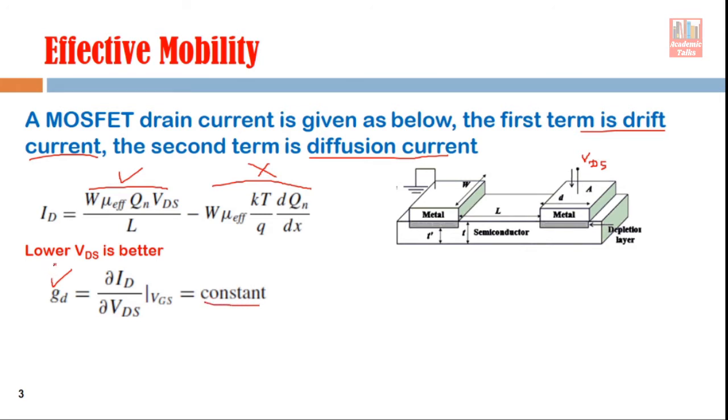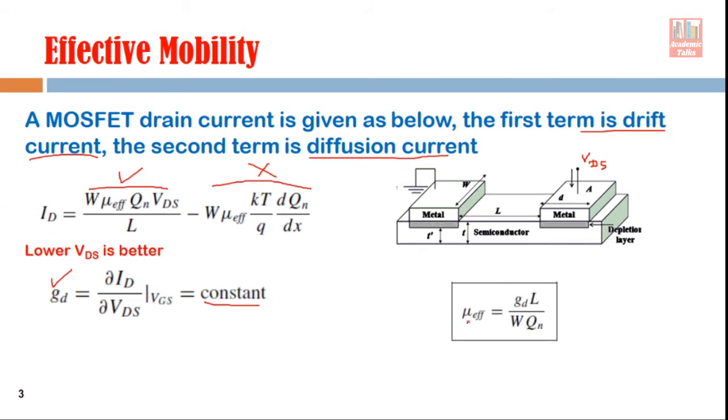This channel conductance will remain constant. So if you find GD by differentiating ID with respect to VDS, GD will be equal to W into mobility into Qn divided by L. And from that expression it is possible to find out mobility.